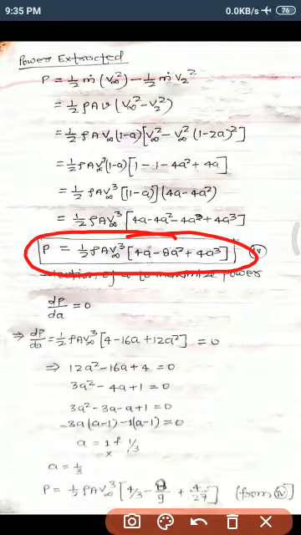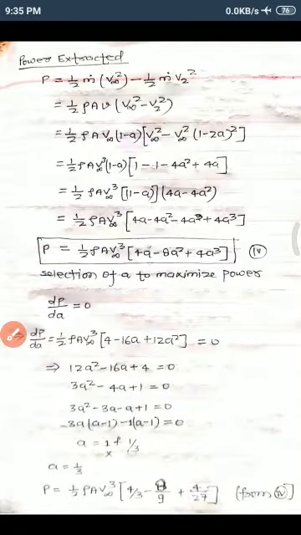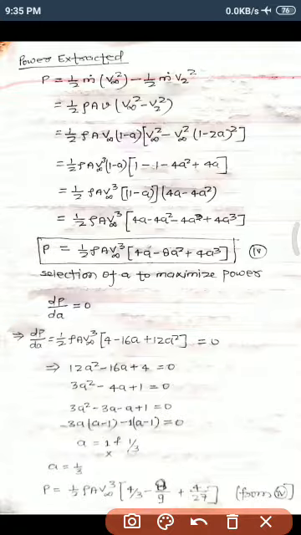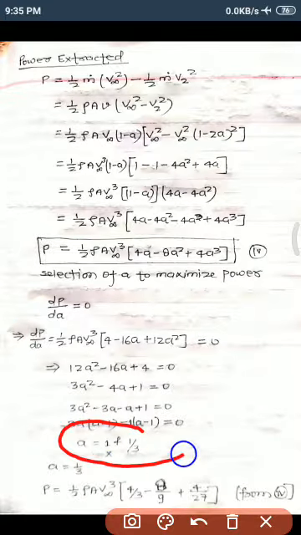To get the maximum power, we will differentiate this equation with respect to A and find the value of A for which the power is maximum. So we will differentiate this equation number 4. After the differentiation, we will get two values of A, 1 and 1 by 3.